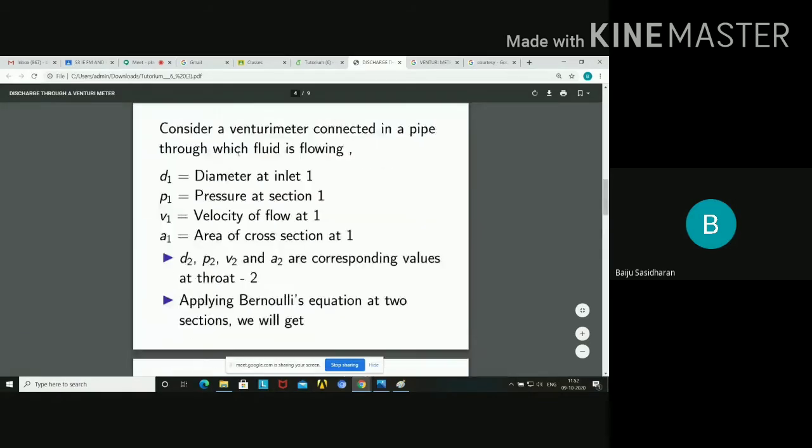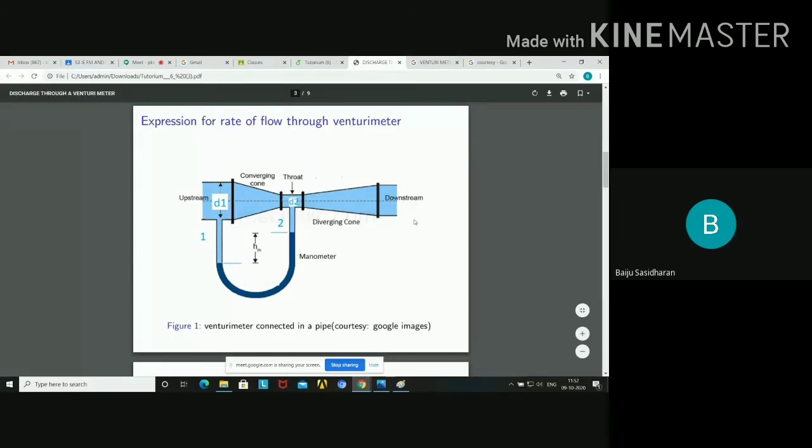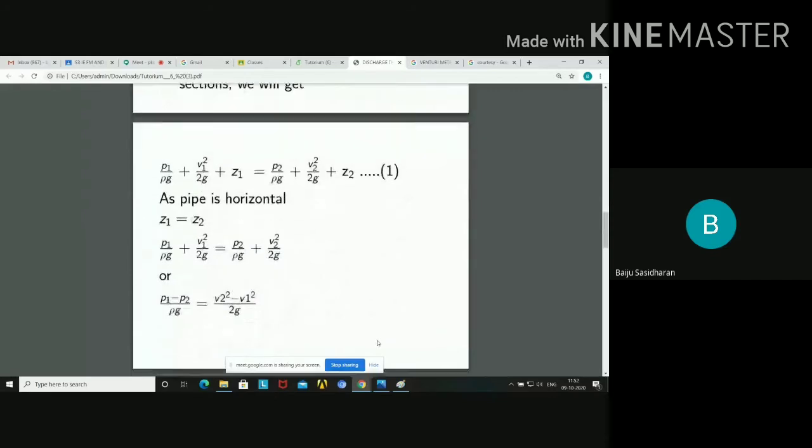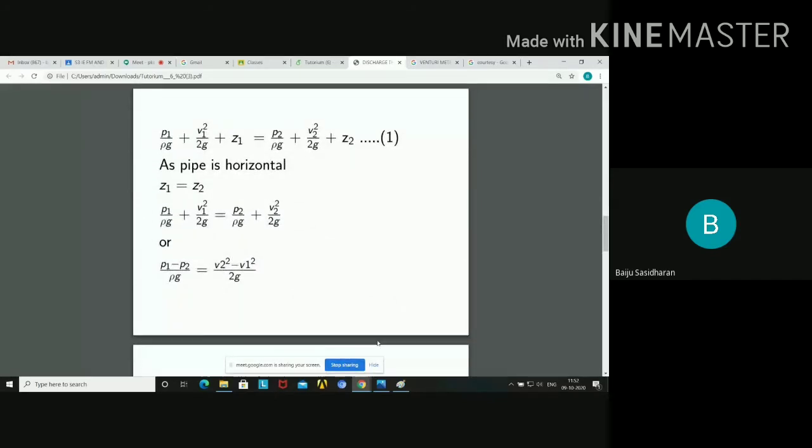In both cases, the central line is at the same height from a reference line. As the pipe is horizontal, Z1 is equal to Z2.